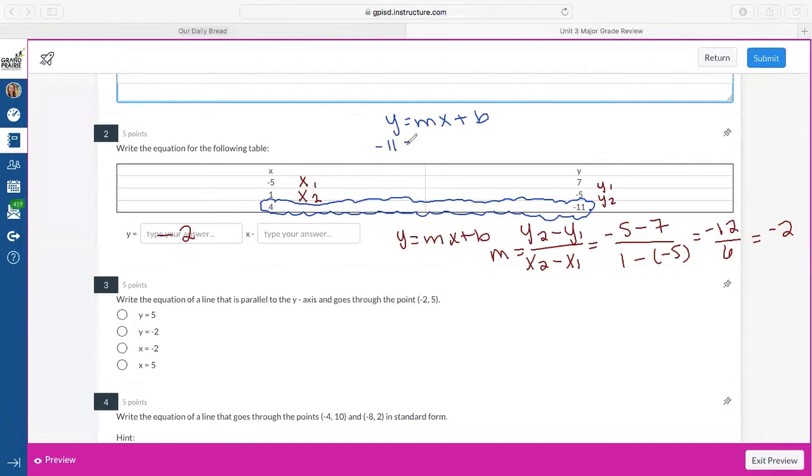So -11 equals, put our slope here, -2 times the x value we chose, 4, plus b. So -11 equals -8 plus b. How do I get rid of this negative 8? Add 8. Perfect. So I'm going to add 8 to both sides. Negative 11 plus 8 equals 3.